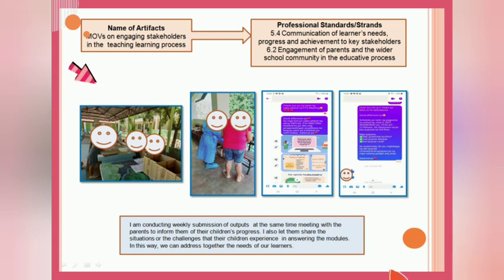Okay, so ang ipinrovide po namin dito na artifacts ay pictures wherein nagdi-distribute kami ng modules, okay? You can also provide any kind of pictures wherein nagpapakita ng parent-teacher communication, okay? So, nag-include din kami dito ng screenshots wherein mayroon ding communication between parents and teachers, mga PTA meetings po natin, ayan po, wherein engaged yung parents.